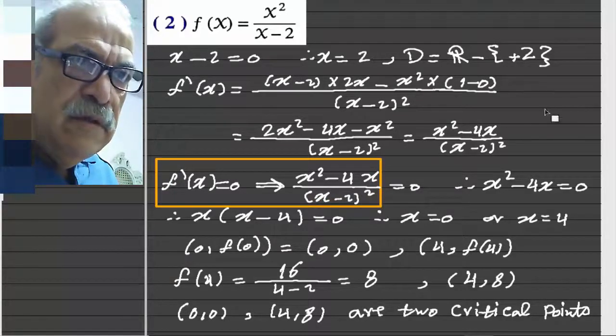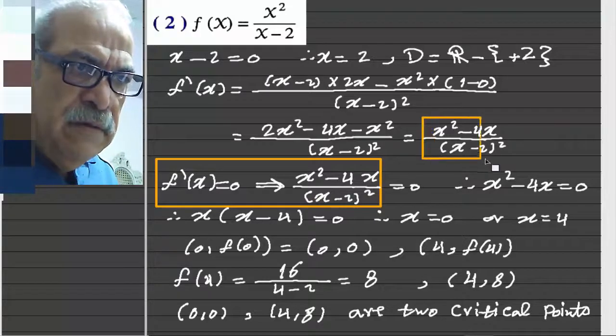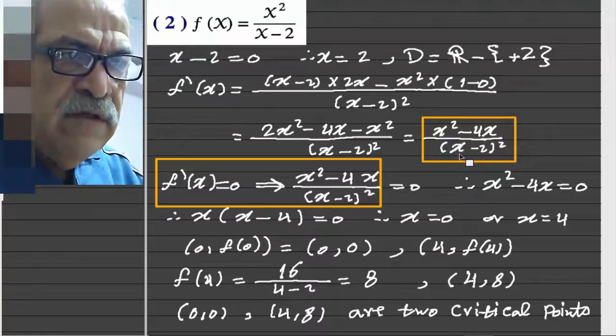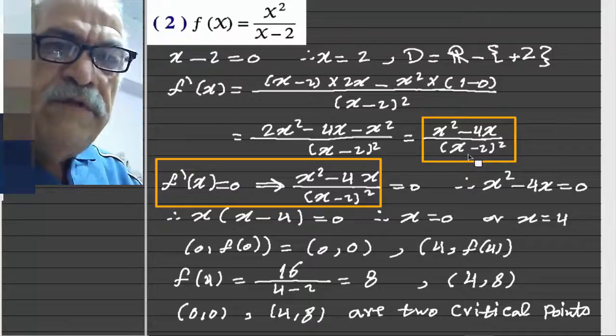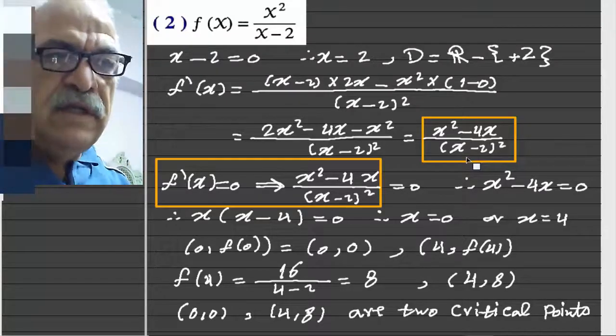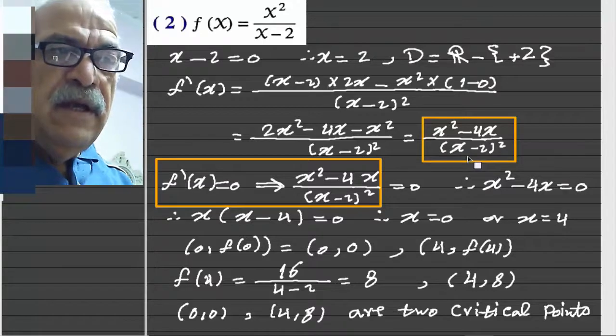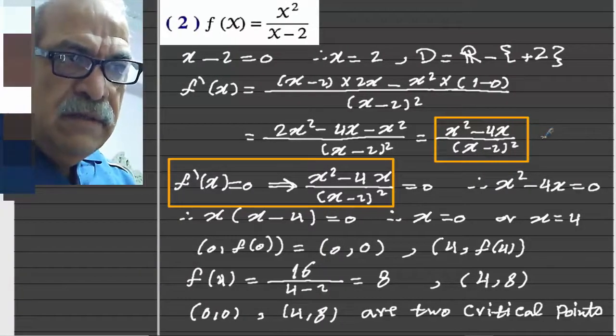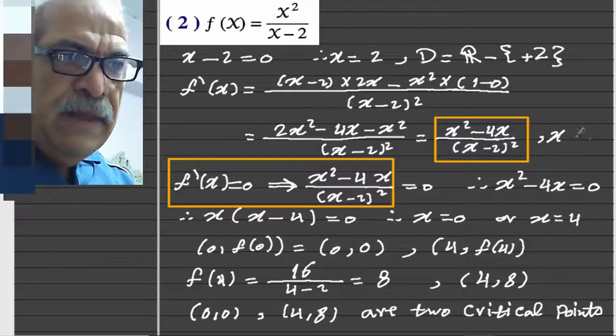here f dash of x equals x squared minus 4x over x minus 2. Also f dash of x is undefined when x equals 2, right? Here x is not equal to 2.